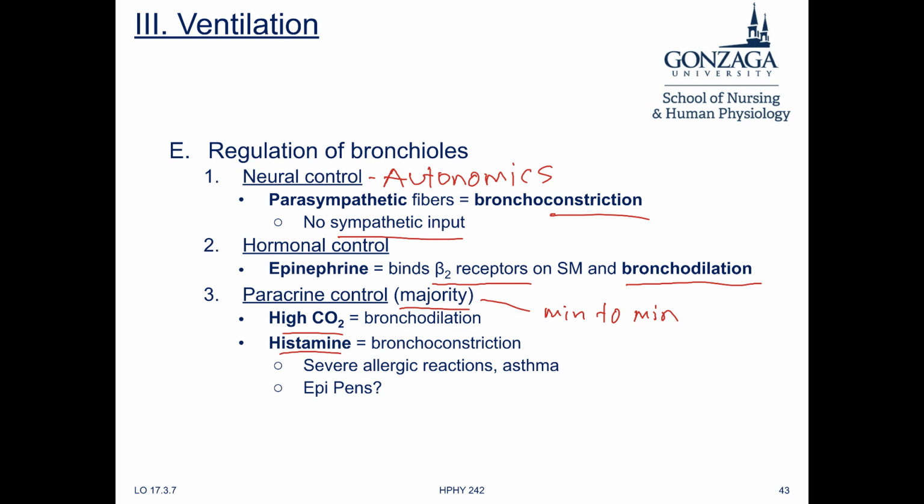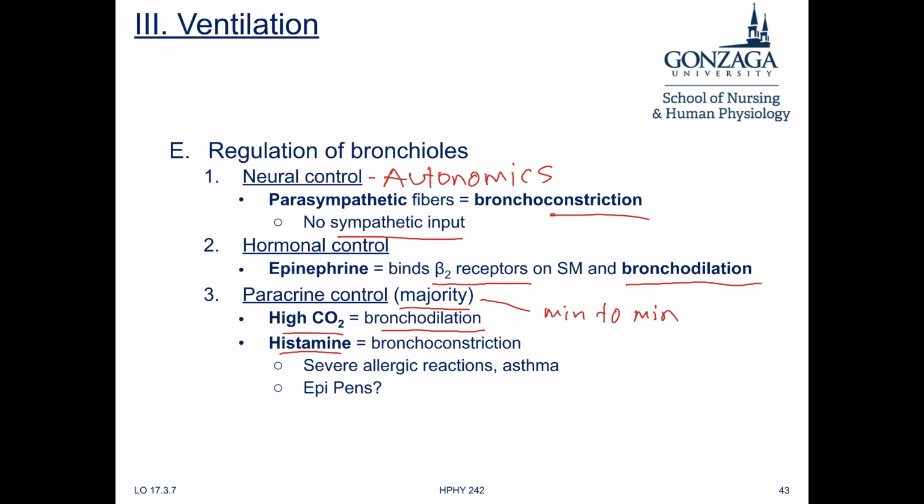So this makes sense. If there's an increased amount of carbon dioxide in the bronchioles, in the alveoli, this is going to trigger bronchodilation. So basically your lungs are detecting, oh, we have too much CO2, we need to dilate and get rid of the CO2, bring in more oxygen, we need to normalize.